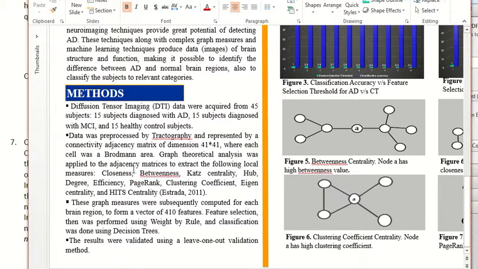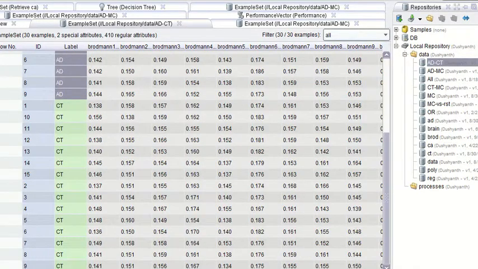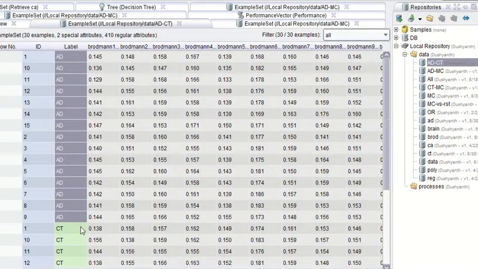These graph measures were applied on the graph in order to extract the features. There were 10 different graph measures and 41 nodes, so a total of 410 features were extracted. This was the final data that I obtained.